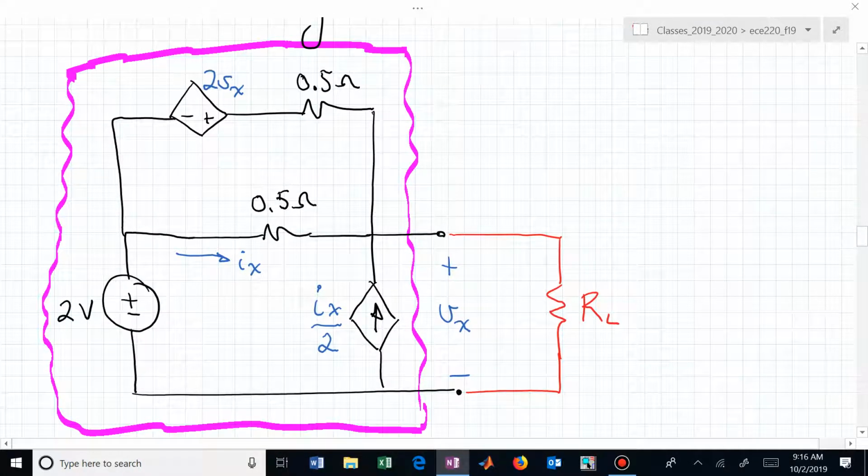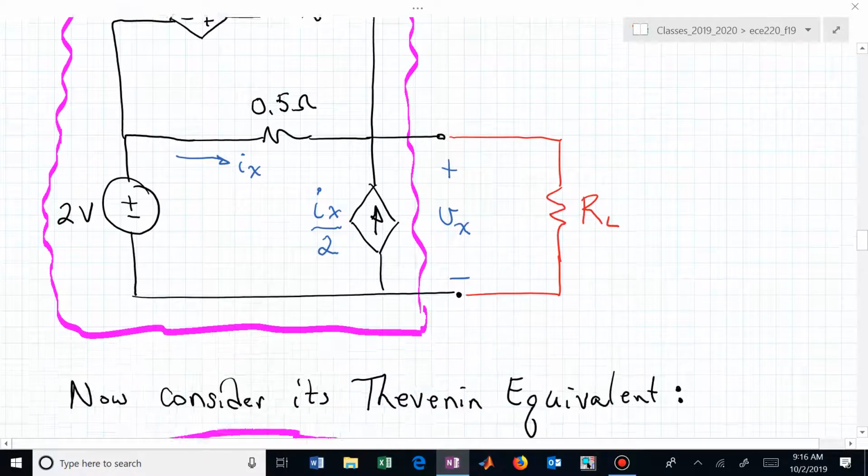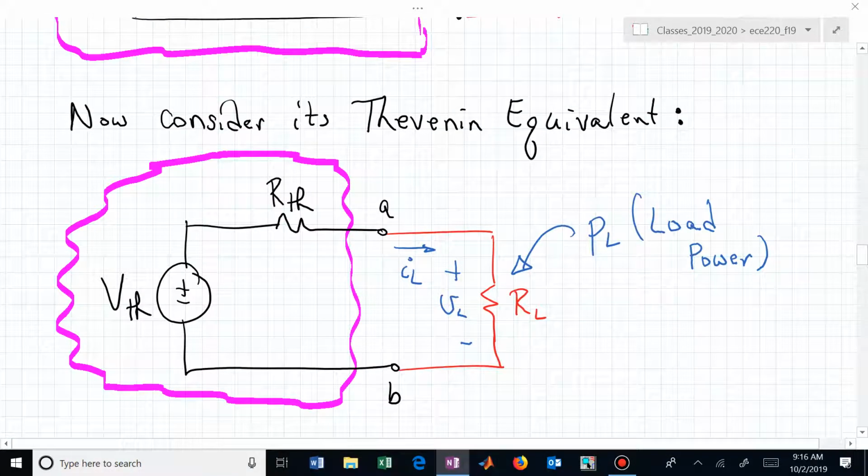Let's just see that for what it is and say, oh, it's some complicated circuit. Let's make it a little easier to analyze by replacing that with its Thevenin equivalent. We don't need to know exactly what that looks like. We just need to find its Thevenin equivalent, and that's what we're going to play with. We now have this Thevenin equivalent in place.